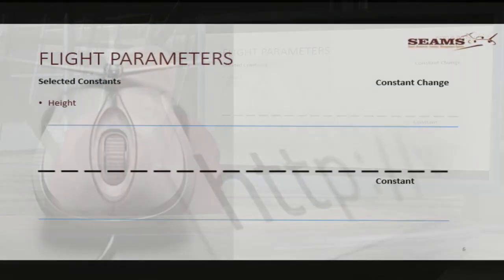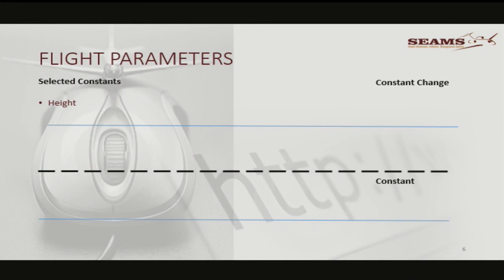All right. So when I look at the parameters, I will say there is either a selected constant or it must have a constant change. Or in certain cases, it is just, in fact, a constant.